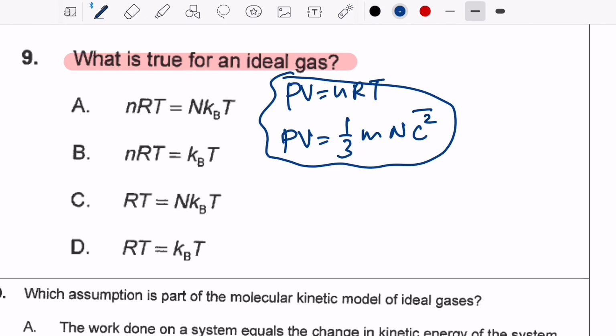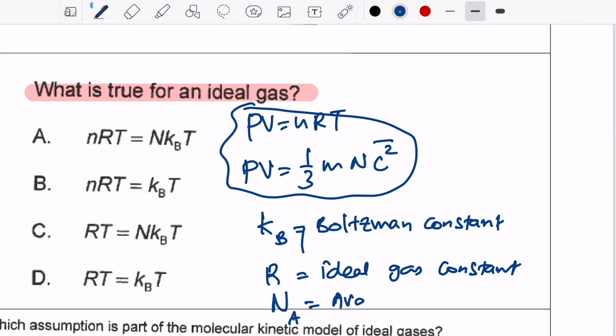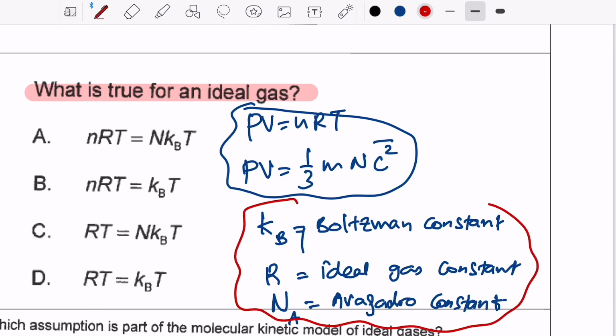The exam wants to check whether you know how to combine the Boltzmann constant, this is called the Boltzmann constant, and the ideal gas constant. And there's another one, not N, Na, the Avogadro constant. This question is only about whether you know how to combine these three constants.